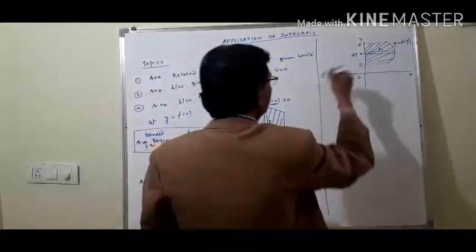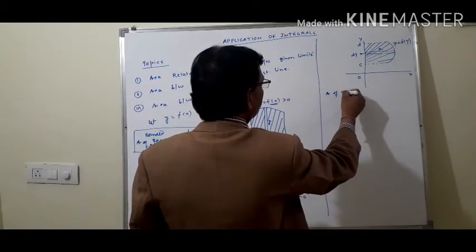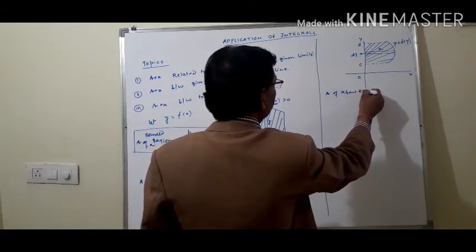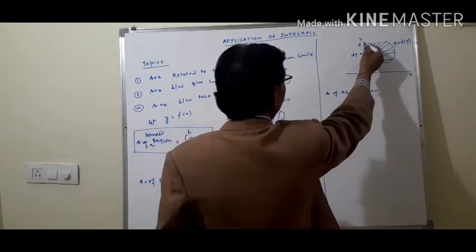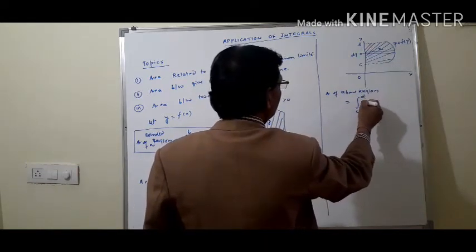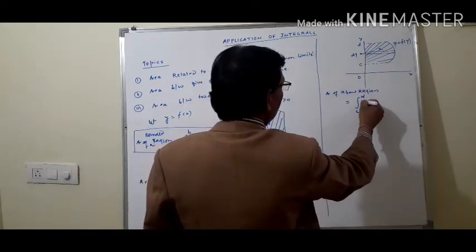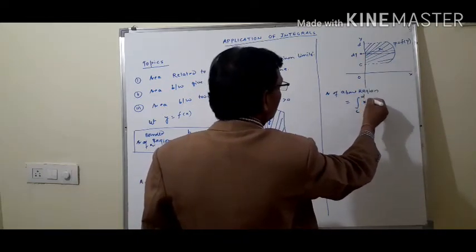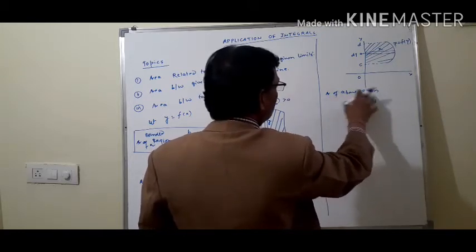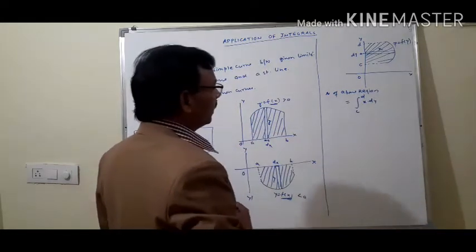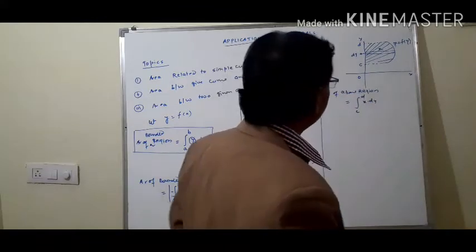So the area of the above region will be equal to the integration from c to d of the area of one strip, that means x, which is the length, into dy, which is the width. So this will be the area of the given region if the curve is given along the x-axis.